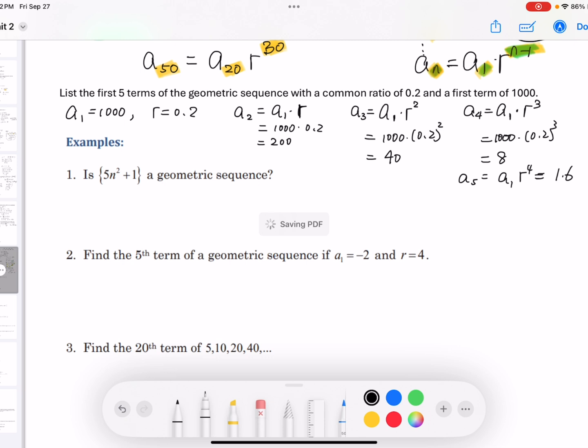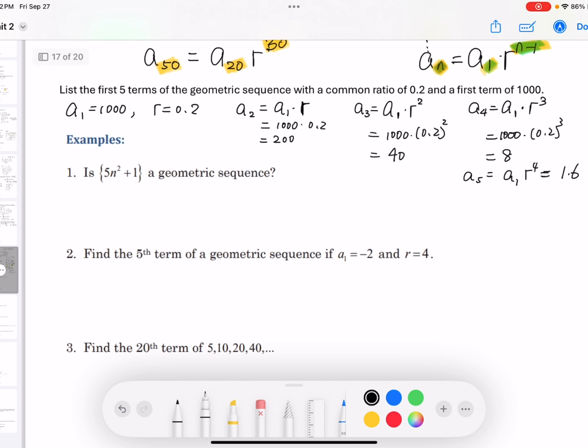Let's see. Next example. Is 5n squared plus 1 a geometric sequence? For the geometric sequence, they need to satisfy a sub n equal to a sub 1 multiplied by r to the n minus 1 power. Okay, let's see. This one gives us the a sub n value.